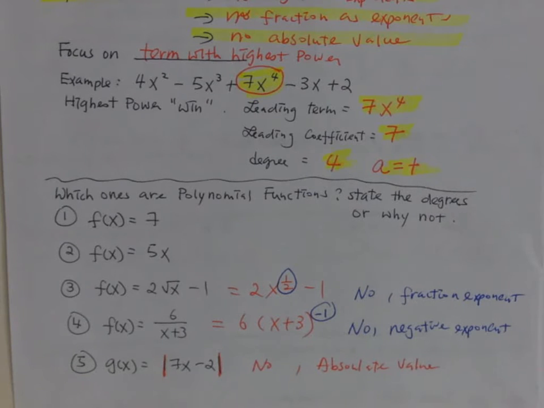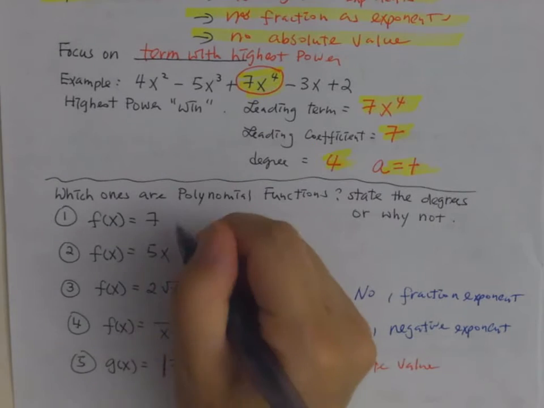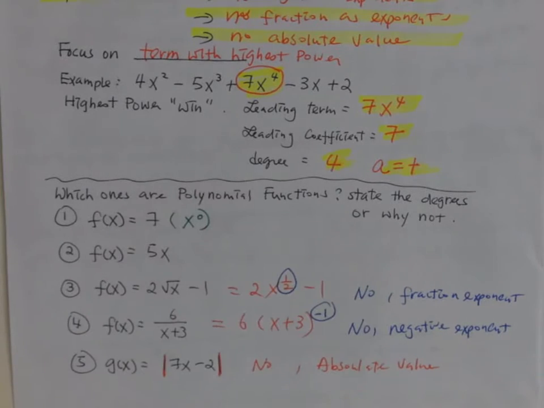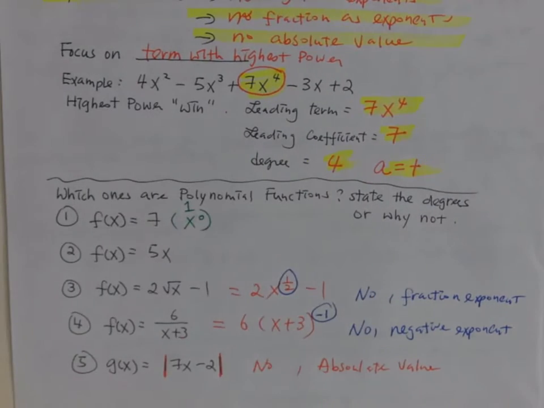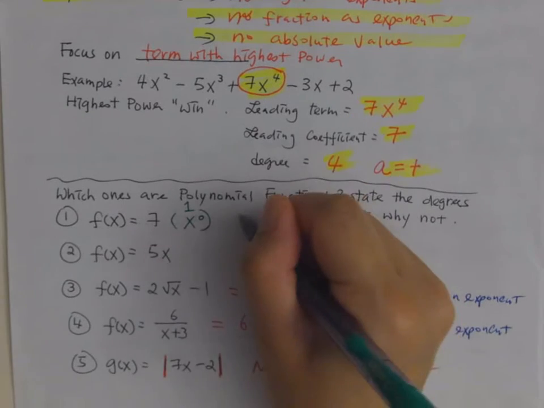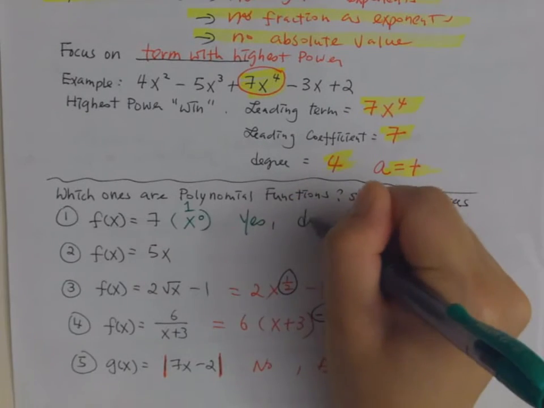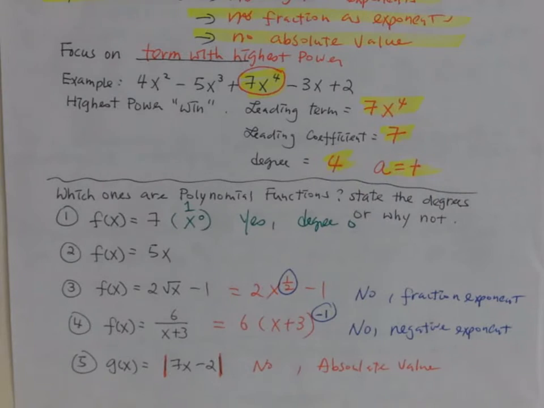Numbers 1 and 2 are actually polynomial functions, and they want to know the degree. If I don't see x here, it means this is x raised to the 0 power, because x to the 0 power equals 1, and 1 times 7 is still 7. We didn't change anything. So yes, it's a polynomial function with a degree of 0.